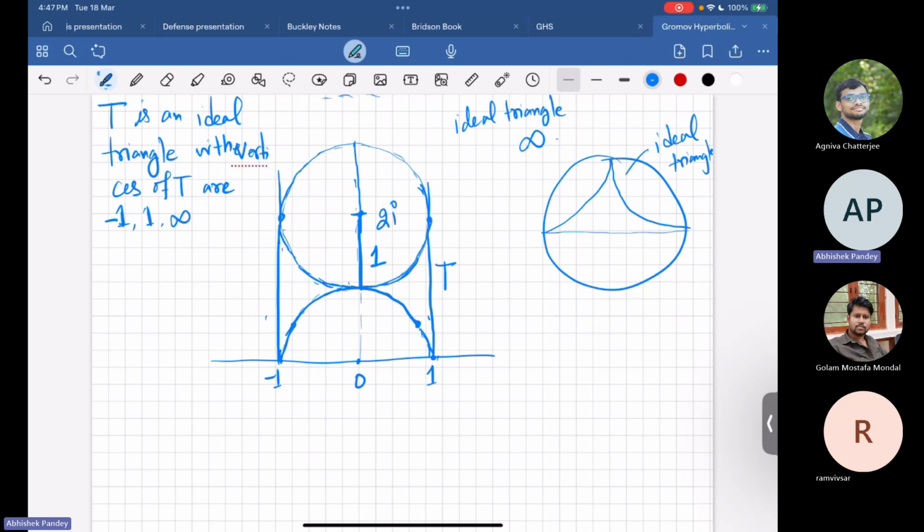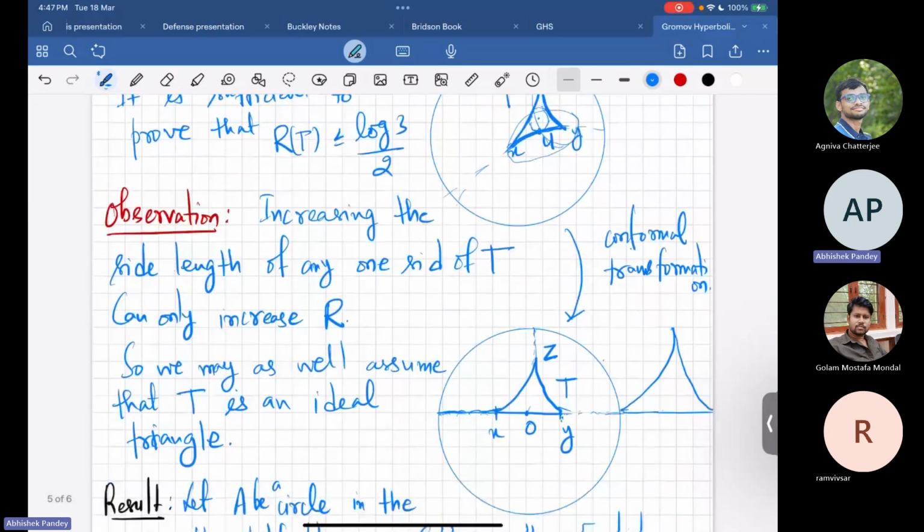So this will be the circle with Euclidean center equal to 2i and radius equal to 1.